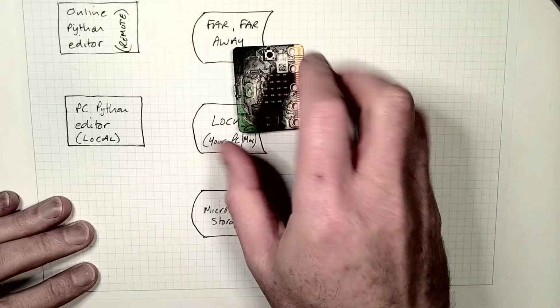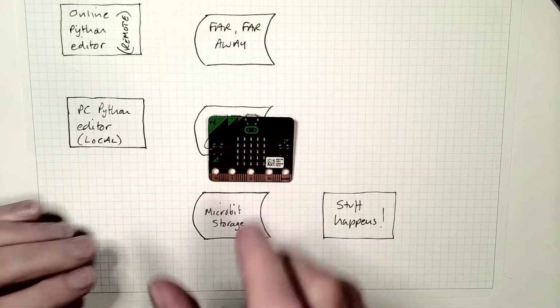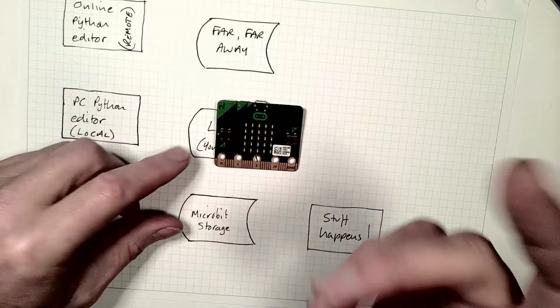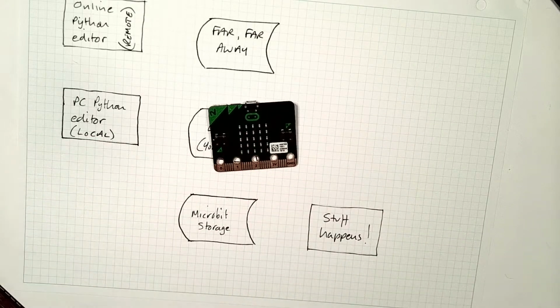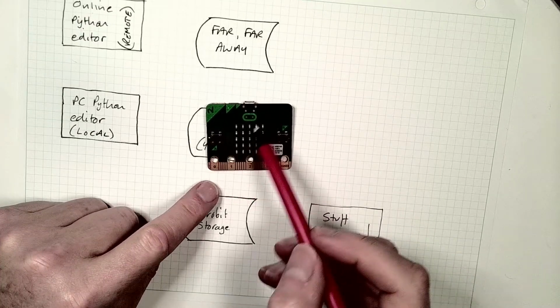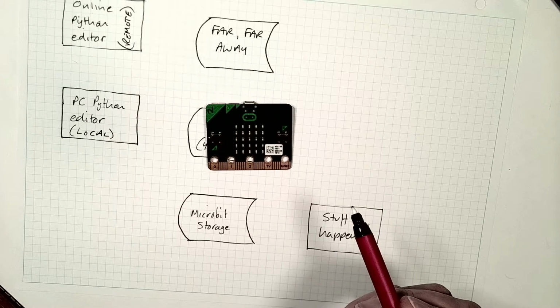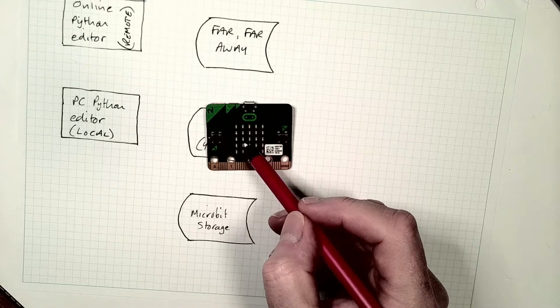So there's the MicroBit on the table here. We can't really focus, I haven't got this in autofocus, it's on static focus. But what you see on this side is the visual side of the MicroBit. What we have here is a 5 by 5 pixel screen.